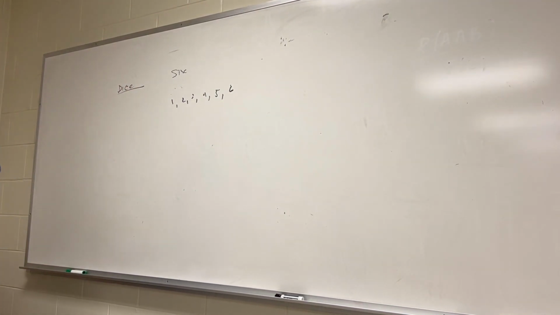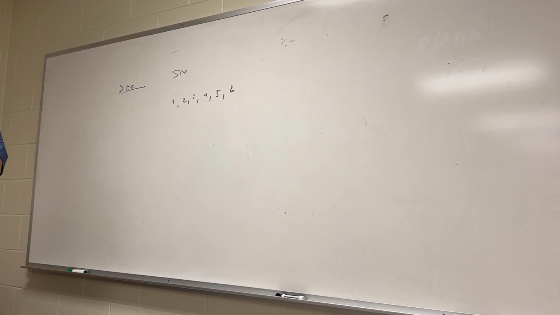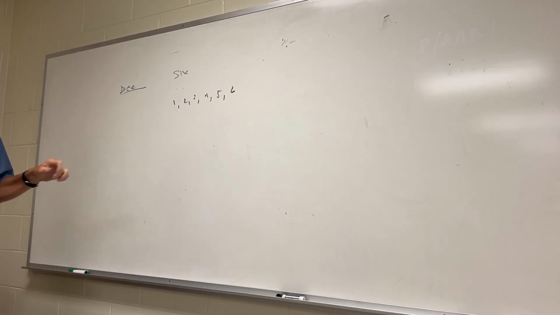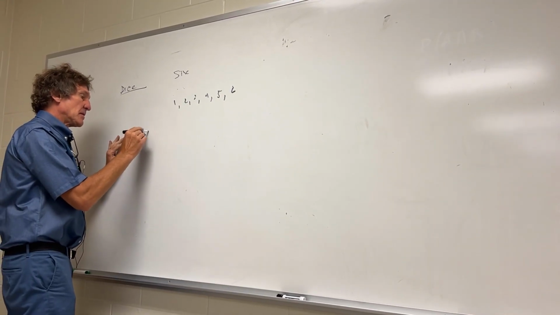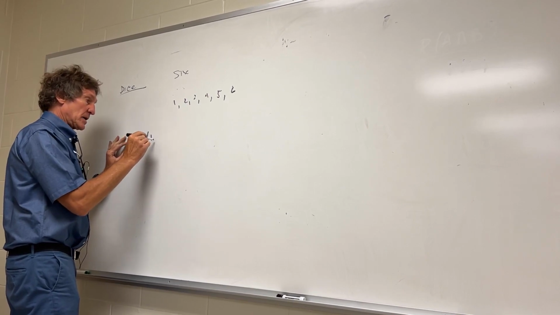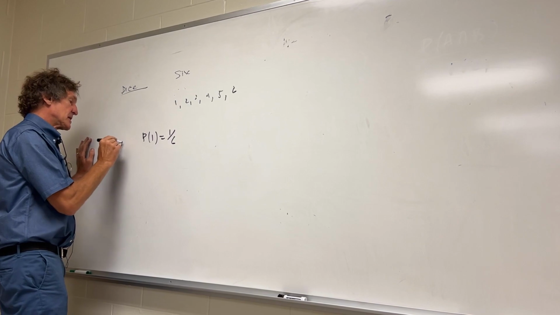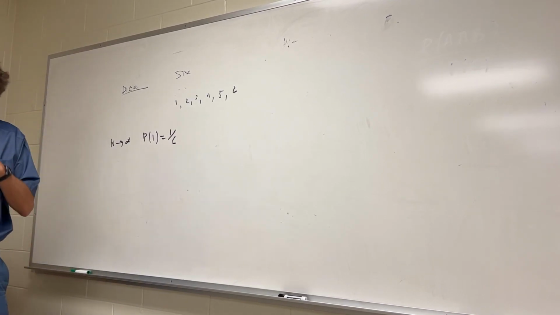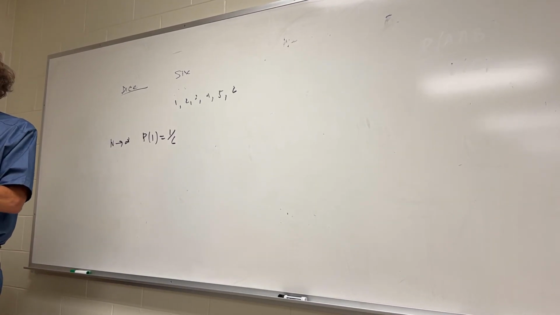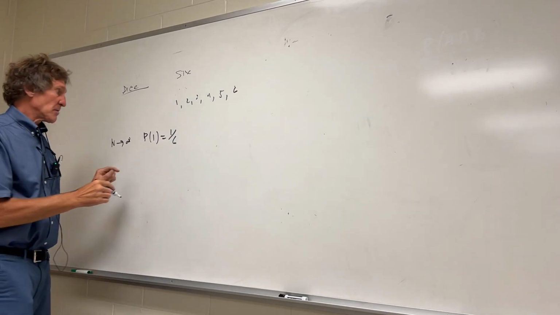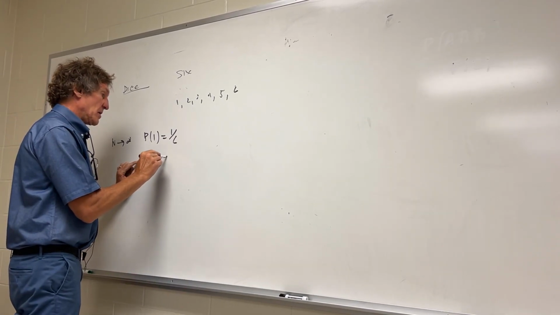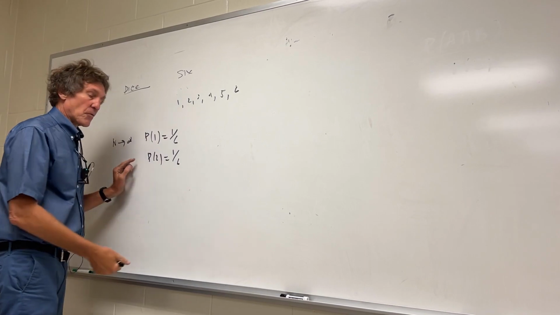If we take a single die and roll it over and over a large number of times, the probability of a 1 occurring is going to be 1/6 as the event space gets large, tending towards infinity. We do an infinite number of rolls, if it's a fair die. Does that make sense? The probability of a 2 would be 1/6, and so forth.